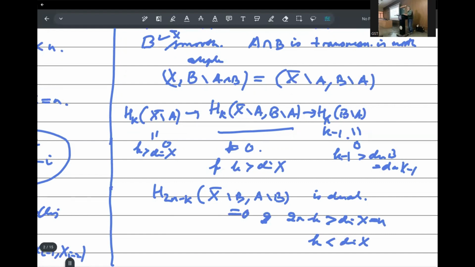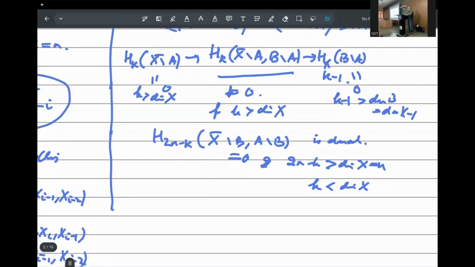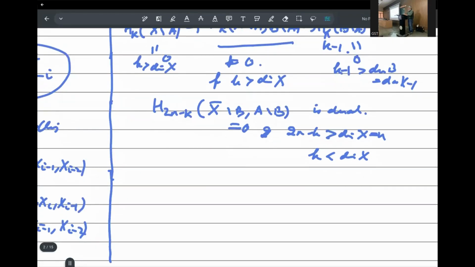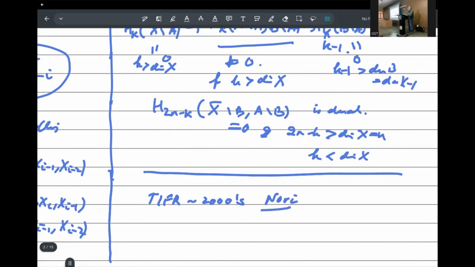Because I think he didn't want to run into the mess of doing this by the bare hands approach of topology, he used sheaf theory. He has written a paper in the TIFR colloquium, I think somewhere in the early 2000s, where Nori has written a detailed argument for this lemma using sheaf cohomology, what he calls constructible sheaves.